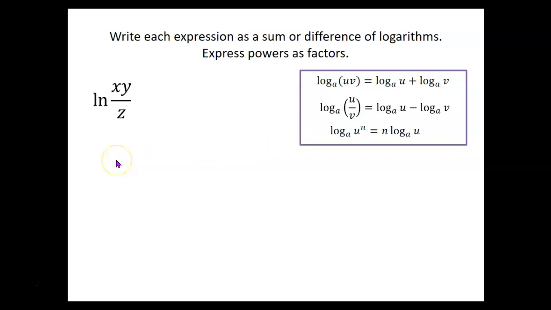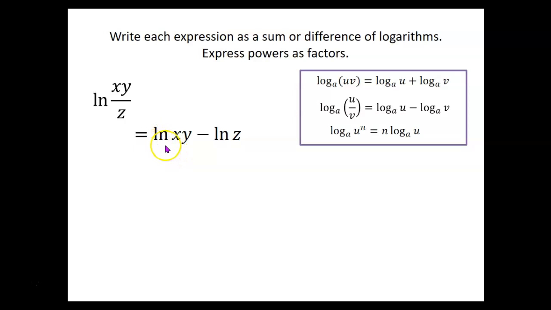The ln of xy over z. Remember that ln is a natural logarithm. So according to property 2 here, whenever we have a log of something over something else, we can rewrite that as the log of the thing on top minus the log of the thing on the bottom.